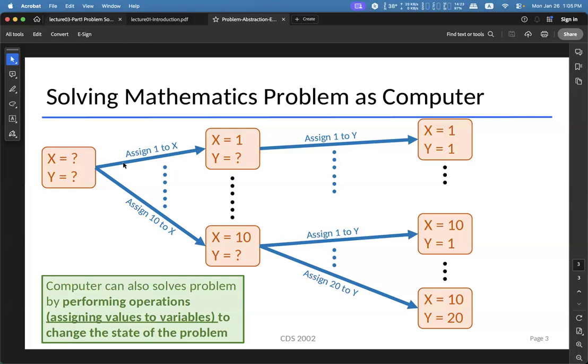So the state of this problem is now the value of x and the value of y. Makes sense, right?